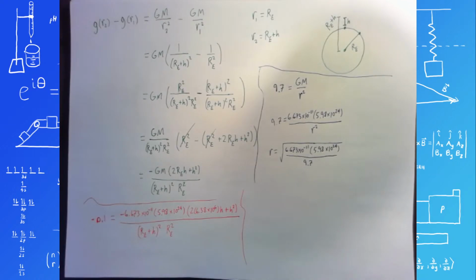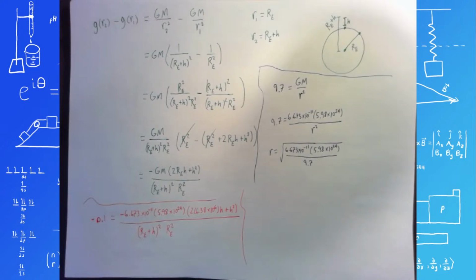Square root of all that is going to be 6.673 times 10 to the negative 11 times 5.98 times 10 to the 24 over 9.7. And I'm getting a pretty big number here, which is not exactly surprising. Let me switch my calculator to scientific mode so it can type it out for me in scientific notation. So that's 6.4139 times 10 to the 6.